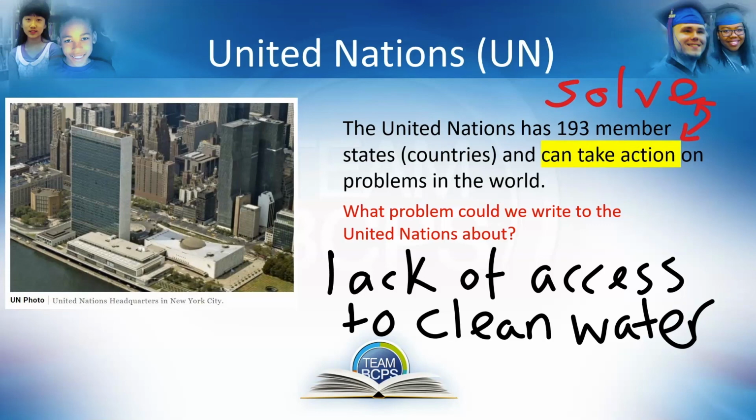But in Mali, the average person only uses around 3 gallons of water a day. That's because they have lack of access to clean water. So let's see if we can write a letter to the United Nations to solve or take action on the problem of lack of access to clean water.